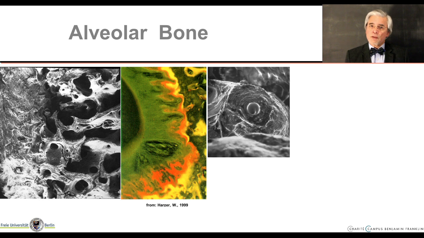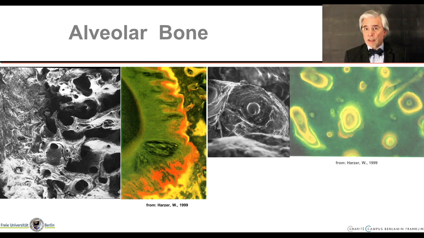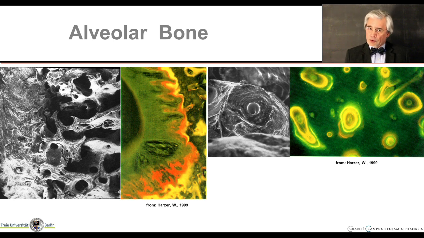Or here, these Haversian systems, the dynamics also becomes beautifully clear. What appears so static in the scanning electron microscopic image, these concentric bone lamellae around the vessel perforation, becomes really alive in the image of the polychromatic sequence marking. Some Haversian systems remain in place and others are really migrating, so elongatedly distorted.